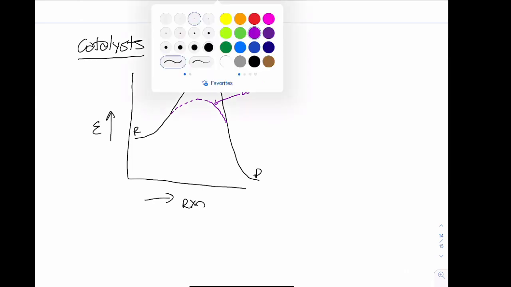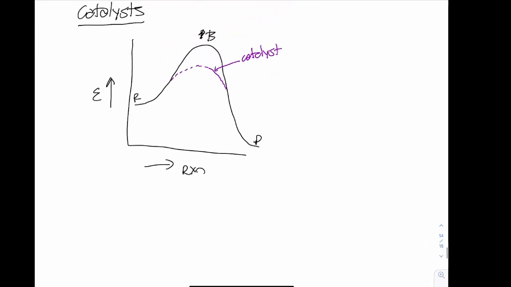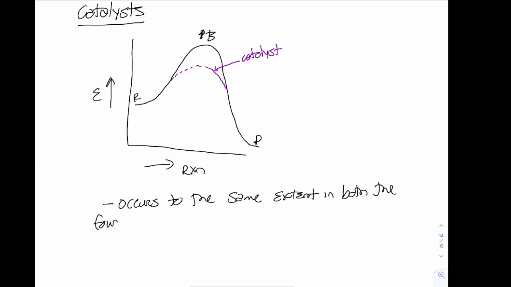So a catalyst, right? When I say it occurs, I'm talking about its role of speeding up the rate of my reaction by lowering its activation energy, to the same extent in both the forward and reverse directions.